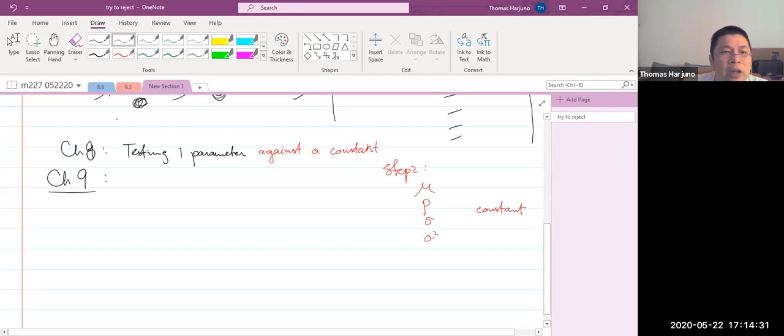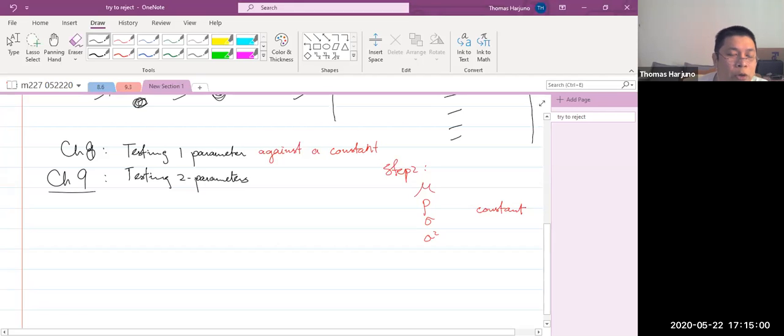Okay, in chapter 9, we will test two parameters. We are comparing the population means from two different populations.